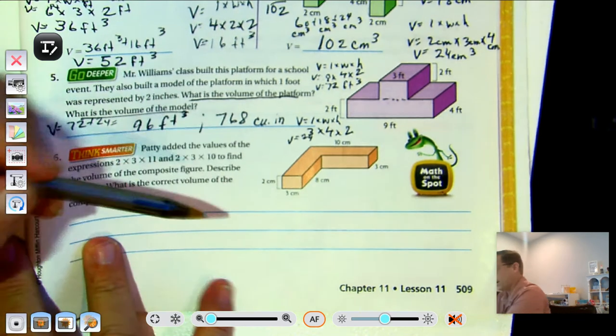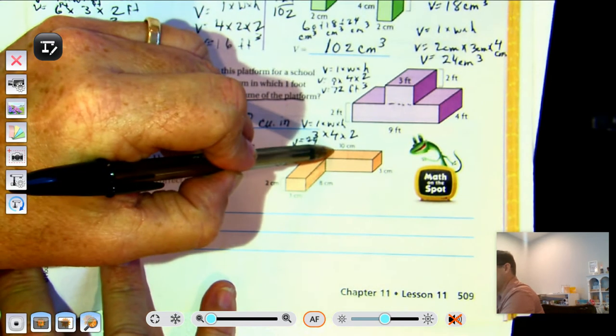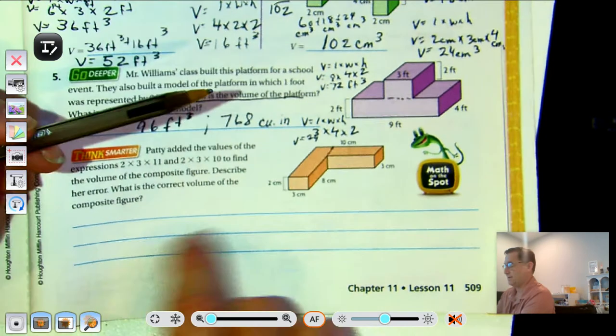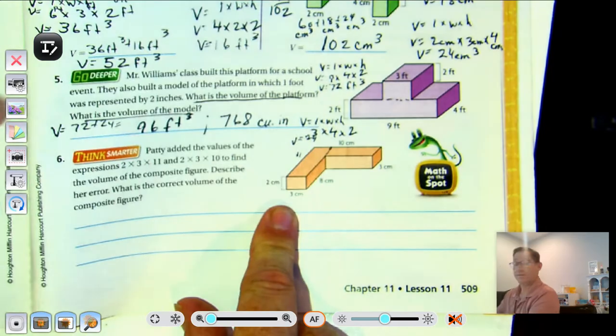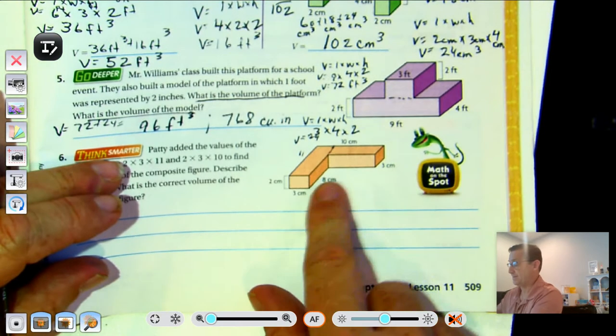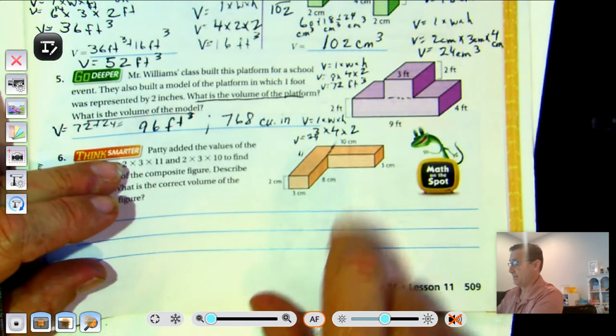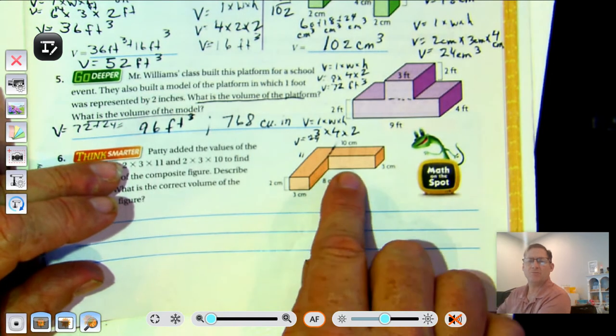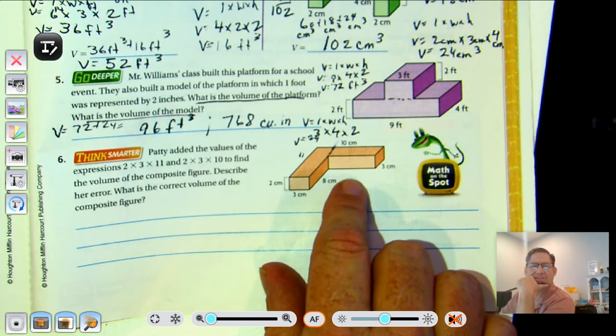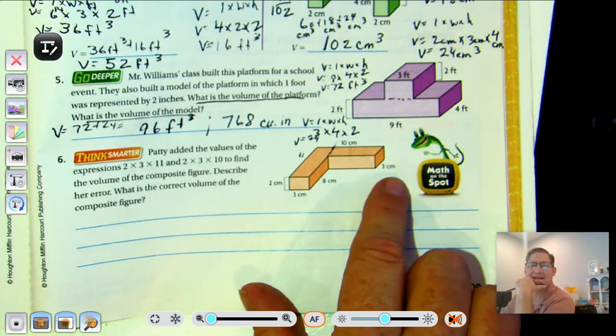Well, okay, so if she divided the rectangles into that, she could get 2 times 3 times 11, because 8 plus 3 is 11. So this is 11 centimeters long, wide. But now what would this one be? She's saying 2 times 3 times 10.